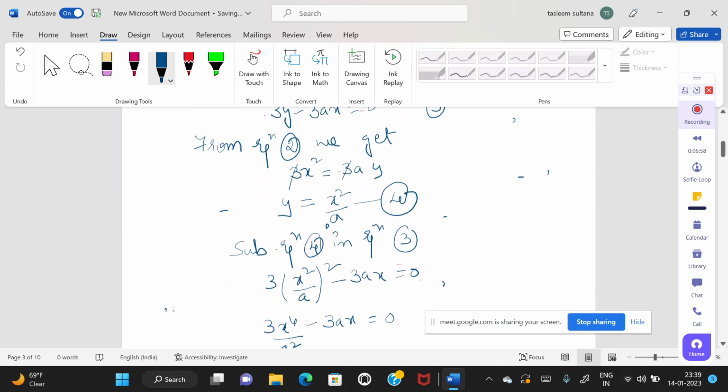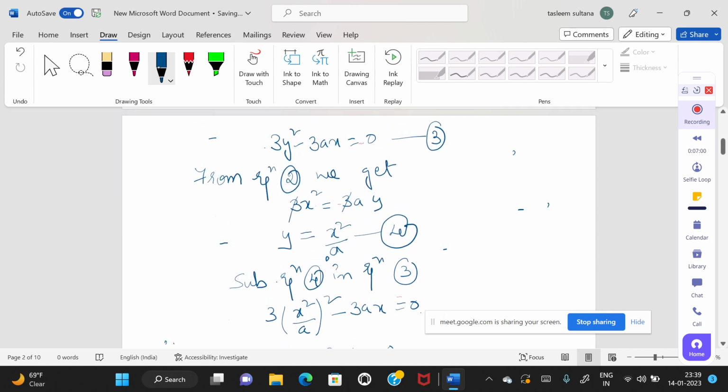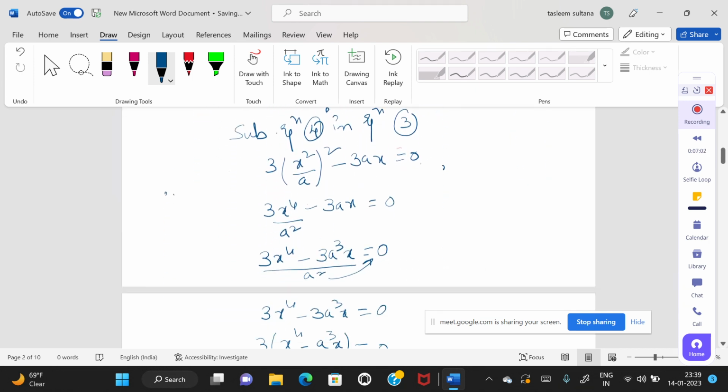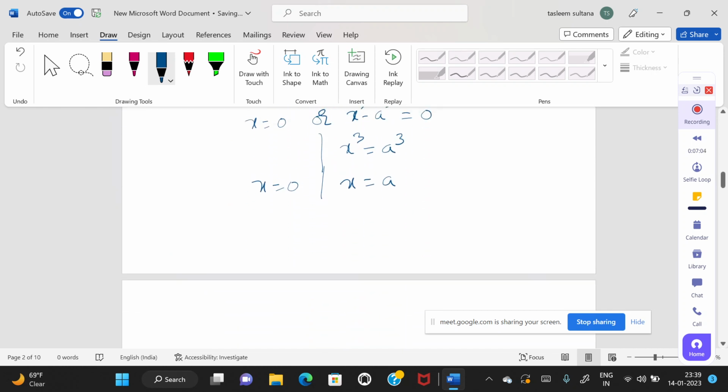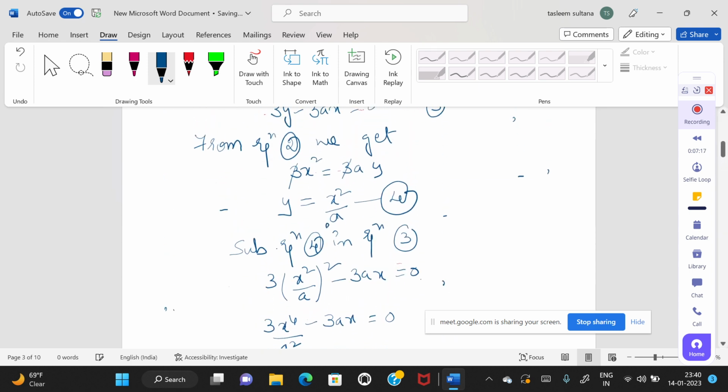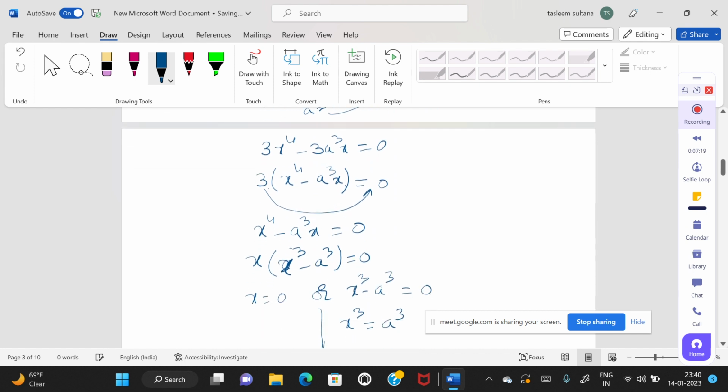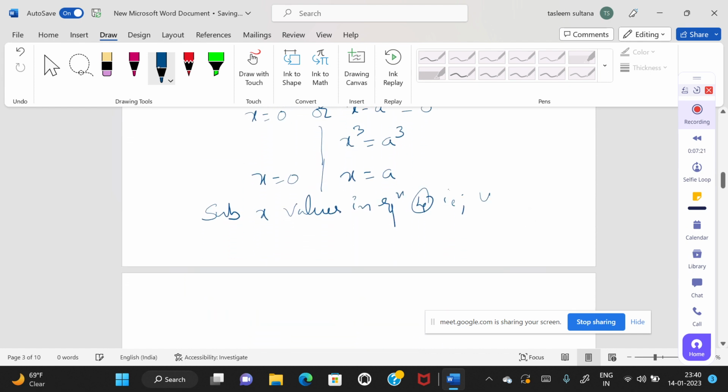Now we will substitute these to get the y values. Substitute the x values in equation number 4, that is y is equal to x square by a.